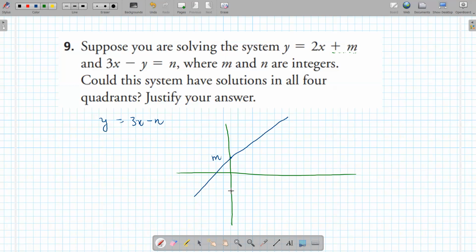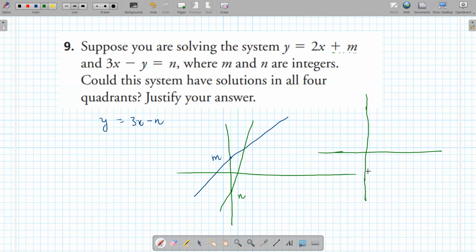So let's assume this is the n, and the slope is 3. So as you can see there, it can definitely have a solution in the first quadrant, right? If m and n look like this.